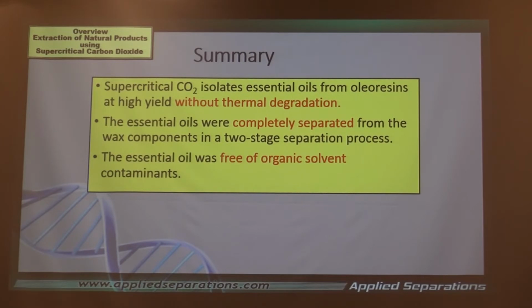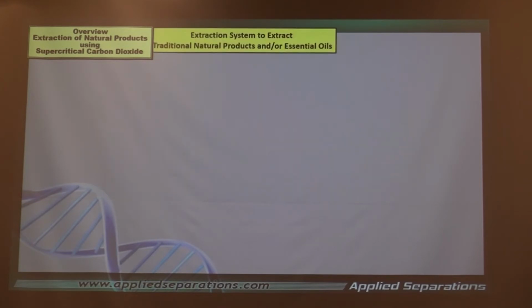And again, we're free of any organic contamination here as well. Now, what happens is, by doing it this way and not using solvents to do this, the smells do not have any overtone or residual smell of the solvent.